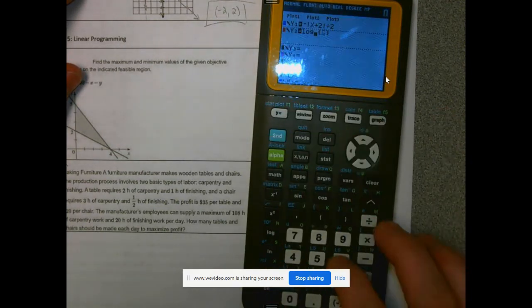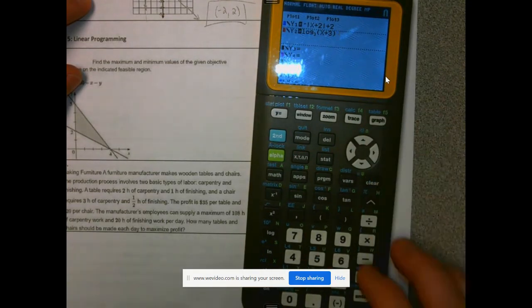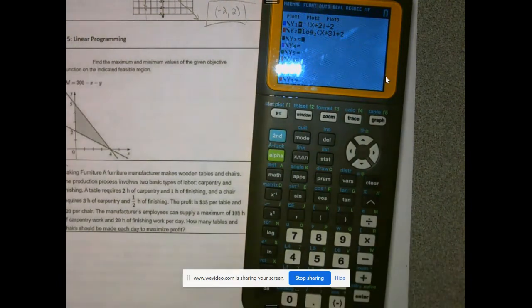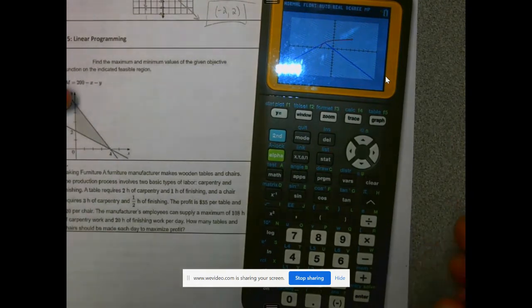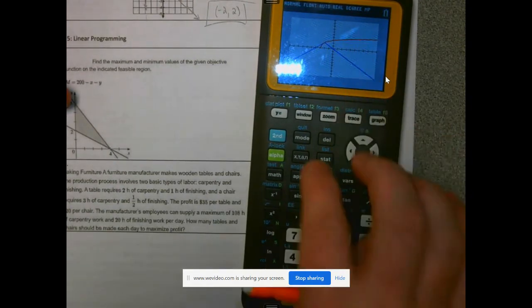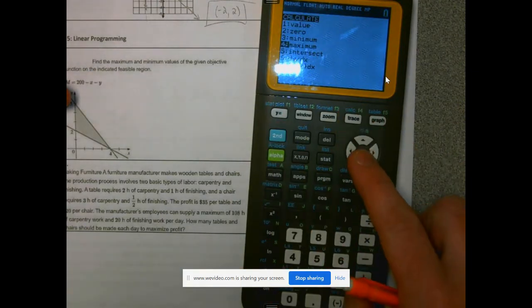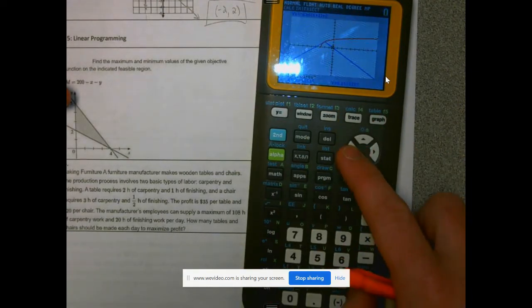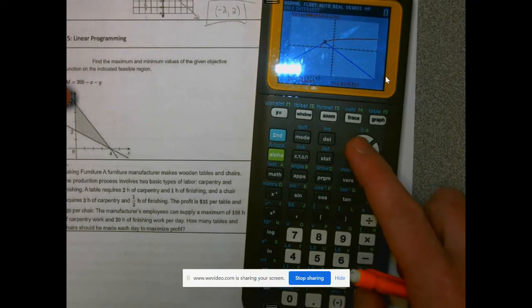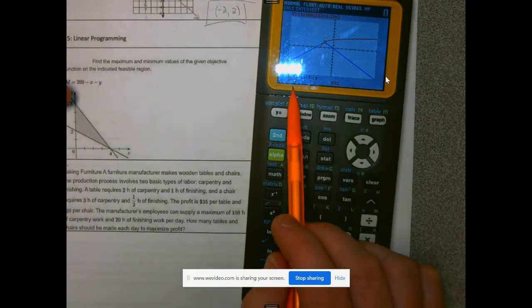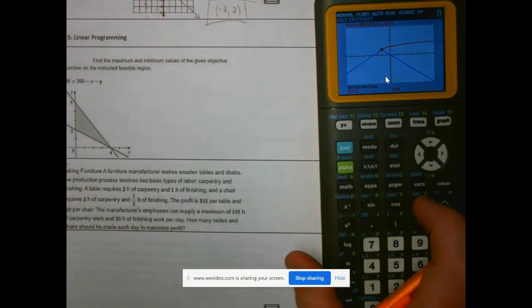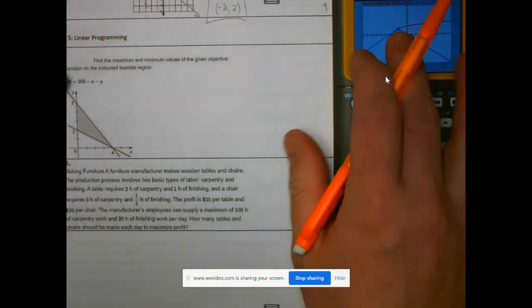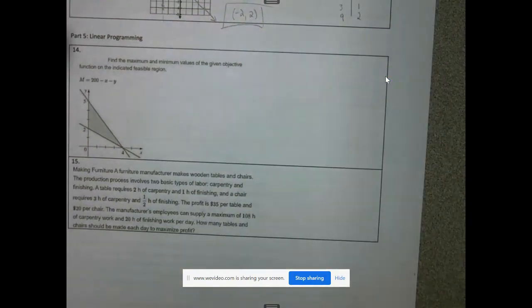And then your log base 3 of x plus 3 plus 2. And then if we graph those, okay, we can see our intersection right there, and we can calculate that intersection. Just kind of go over close to it. And it has -2, 2 right there as our intersection. Sometimes you may want to zoom in a little bit closer because there could be two intersections there that you're not quite seeing.